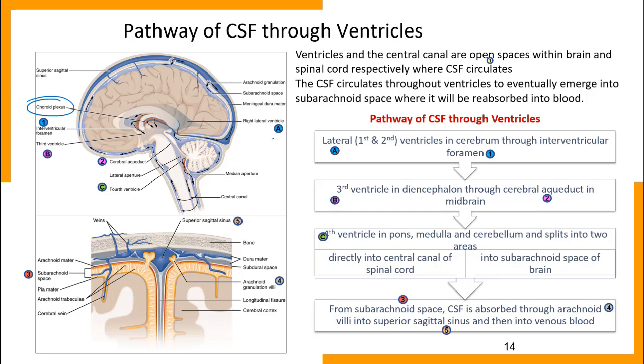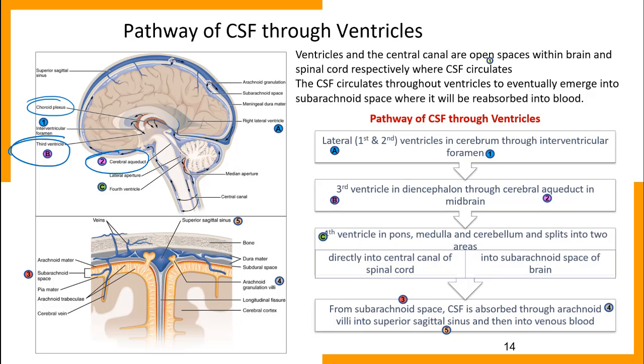Is where some CSF is formed, and it travels through the interventricular foramen. So foramen means hole, interventricular means in between ventricles. So right and left is the first and second ventricles, and then it goes through the third ventricle, which is in the deeper part of the brain, in the diencephalon, through to the cerebral aqueduct, right?